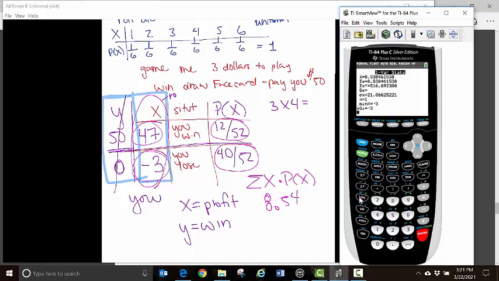I promise you if you did 47 times 12 over 52 plus negative 3 times 40 over 52, you'd get 8.54. And my standard deviation is 21.1, basically. So just get those out of the calculator. Make a table, get it out of the calculator, and you're good to go. So what would I expect to happen if I played this game once?